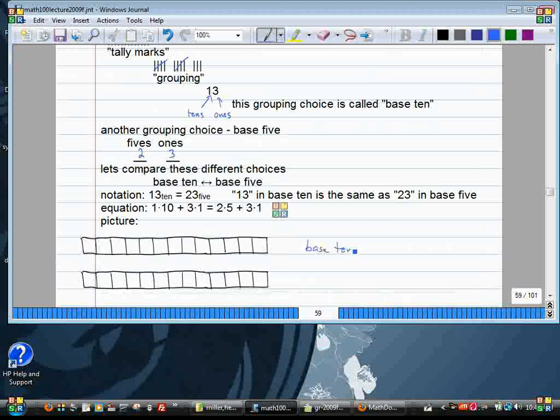So in base 10, first we look for tens. 1, 2, 3, 4, 5, 6, 7, 8, 9, 10, and 3 1s. The other one, we're going to break it up in base 5, so using groups of 5.